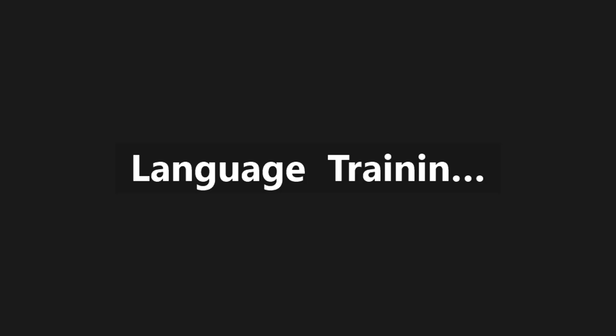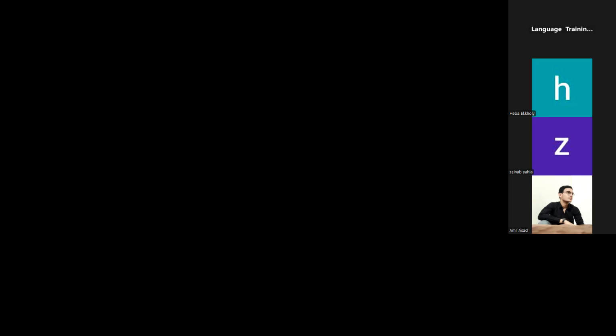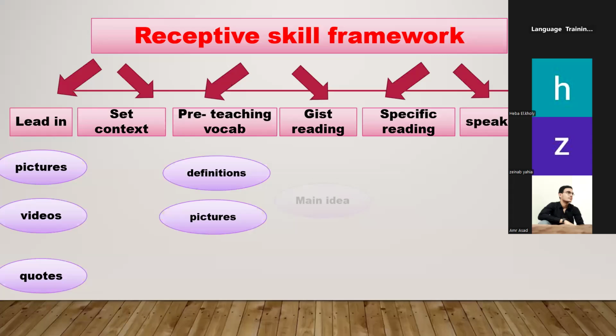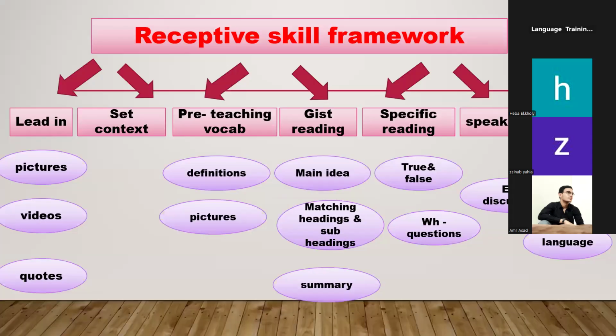This is scanning. Multiple choice or true and false also remain under this umbrella. So it can be in the form of true or false or WH questions.